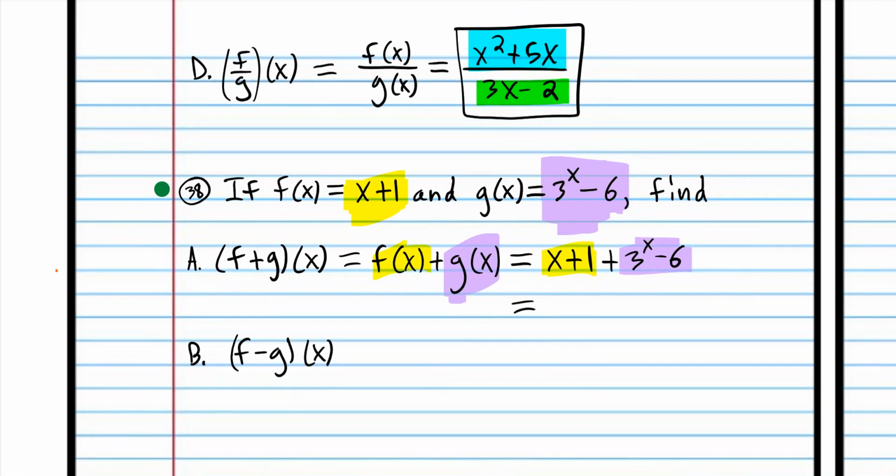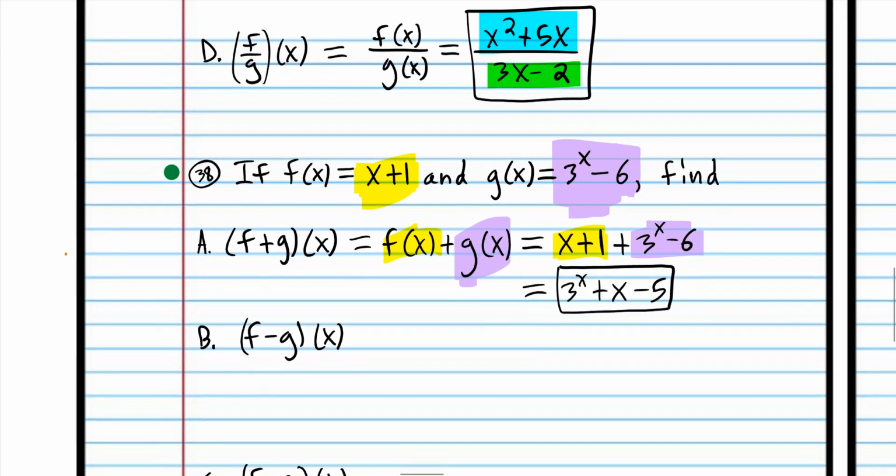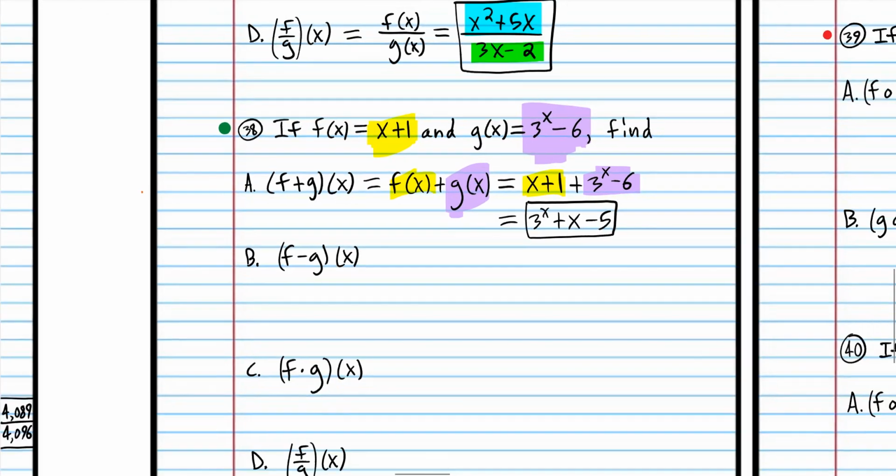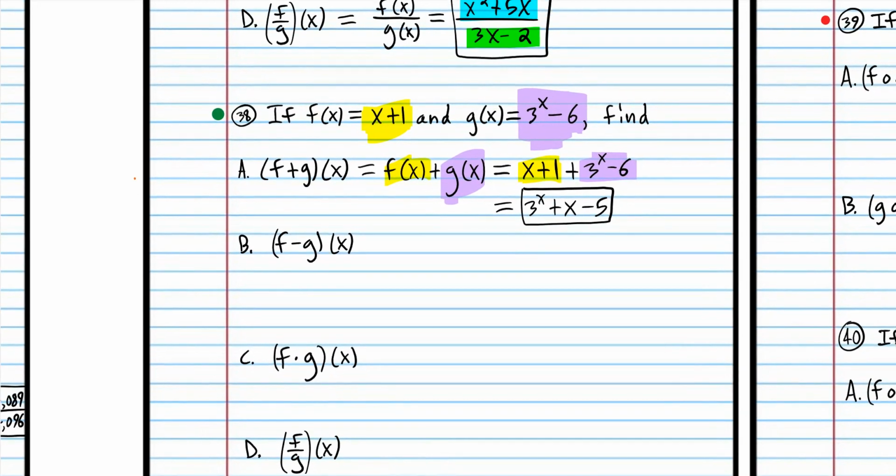So then we can simplify, and we get 3 to the x plus x minus 5. You can write the 3 to the x power after the x if you want. It doesn't really matter. So we got that right. Excellent. So go ahead and try part B, and when you come back, we'll do it together.